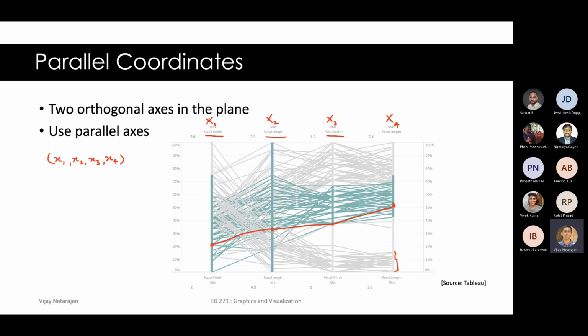I think the selection is made from the maximum petal width. So this portion is selected and tagged green, and all the polylines that pass through this interval have been colored green.